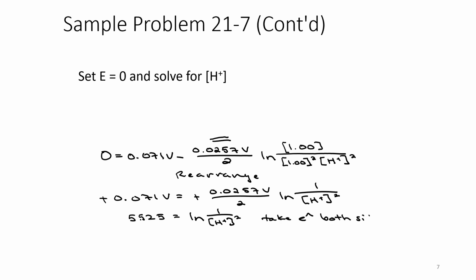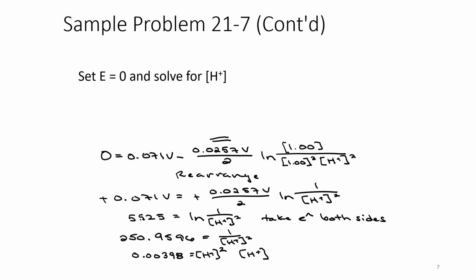We're going to take e to the both sides, and I'm going to end up with 250.9596 is equal to 1 over H plus squared, or 0.00398 is equal to H plus squared.